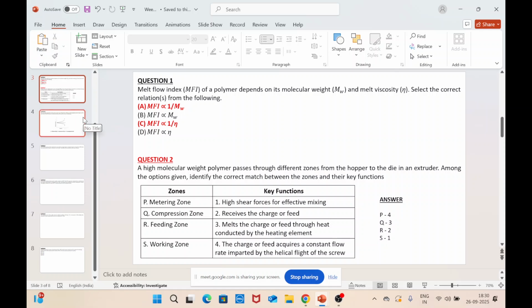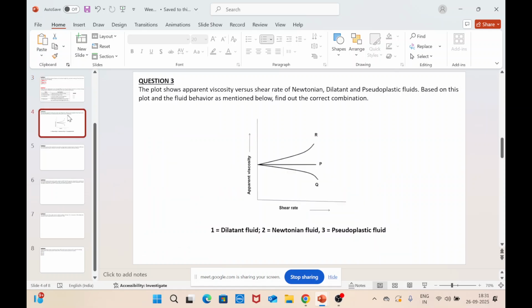So moving on, the next question should be a bit more simple. You have a plot which shows apparent viscosity versus shear rate for Newtonian, dilatant, and pseudoplastic fluids. Based on this observation, we are supposed to say what type of fluid behavior it is.